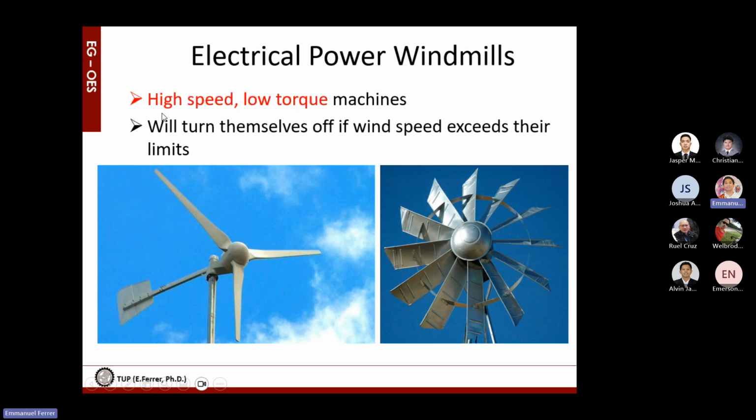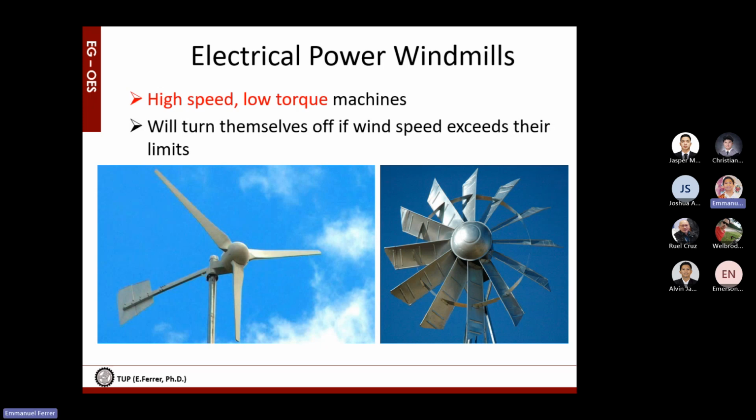Nakakita na rin ako ng mga ganitong classic na windmill pang farm. For electrical power windmills naman, maraming design yan. Siyempre, ang very popular yung sa wind turbine is high speed, low torque naman. High speed, low torque machines to produce electricity and then will turn themselves off if wind speed exceeds the limit. May certain limit yan.